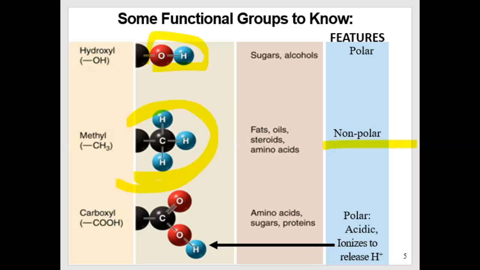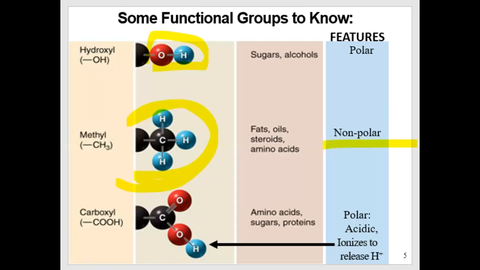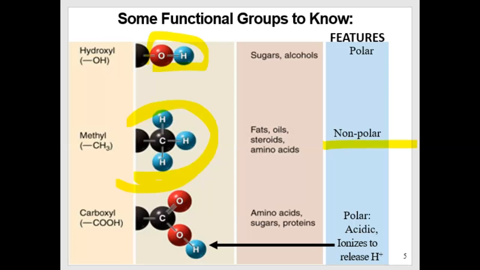The third type of functional group is called a carboxyl group, and we usually say it quickly as COOH. But it's not linear. The carbon in this functional group is double bonded to one of the oxygens and single bonded to a hydroxyl group.